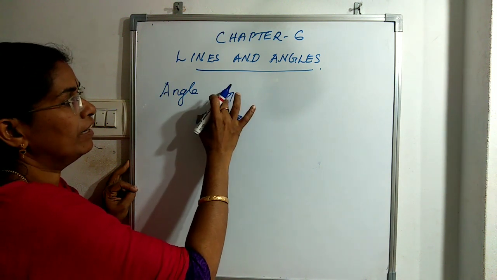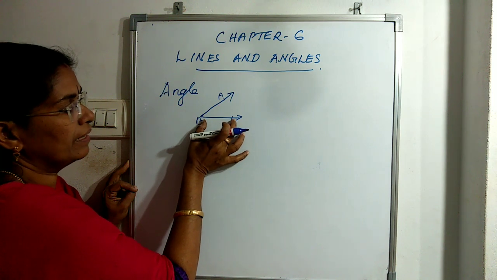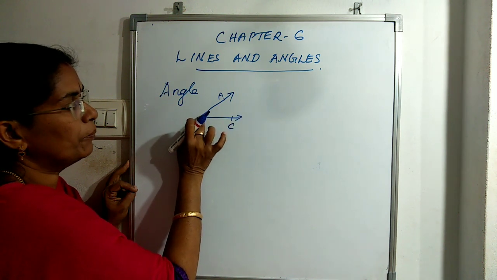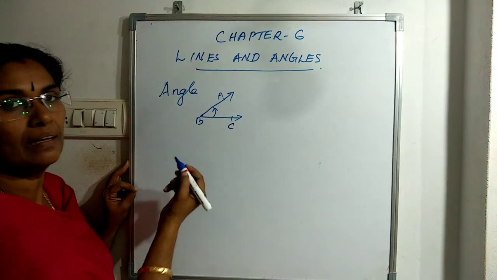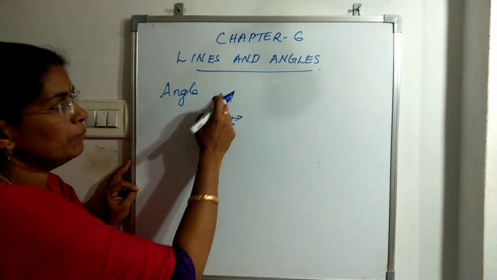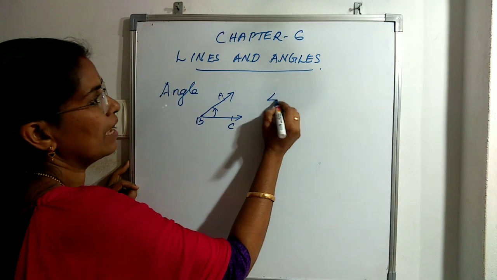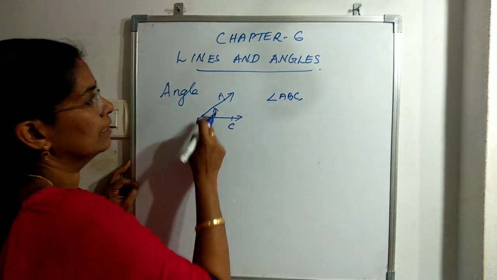Here BA is one ray and BC is another ray. They are joined at the common point B, so it becomes an angle. We are marking it like this. The name of this angle is angle ABC.